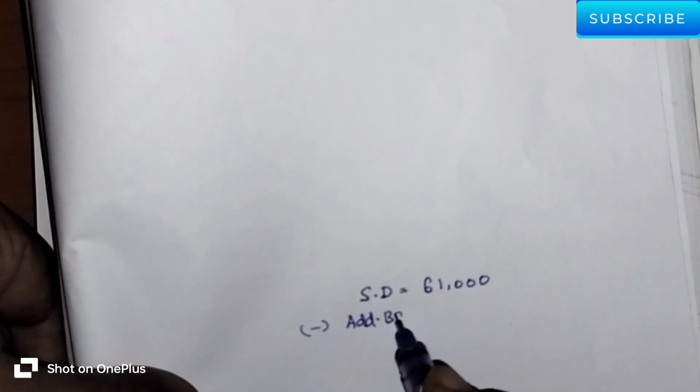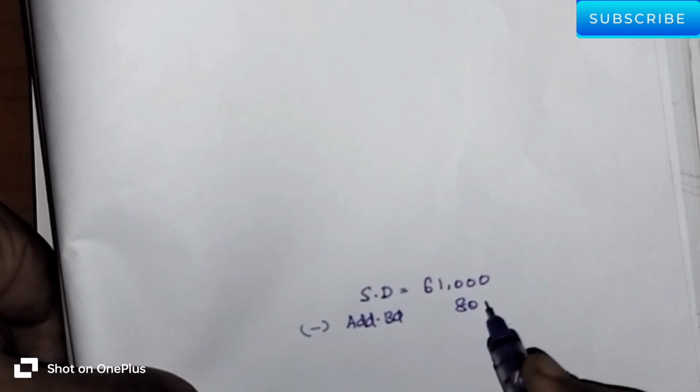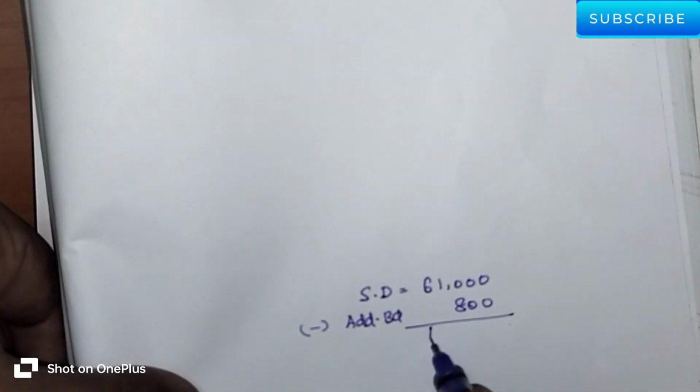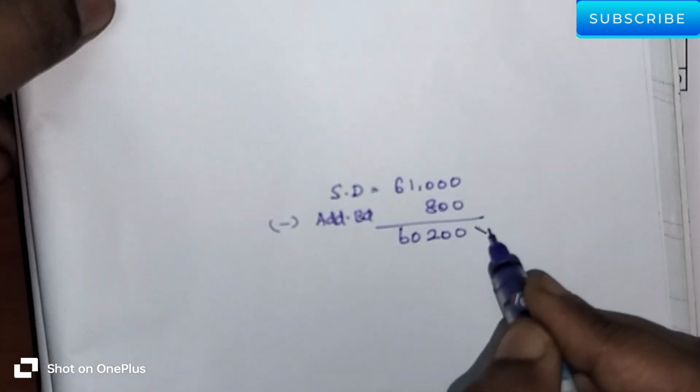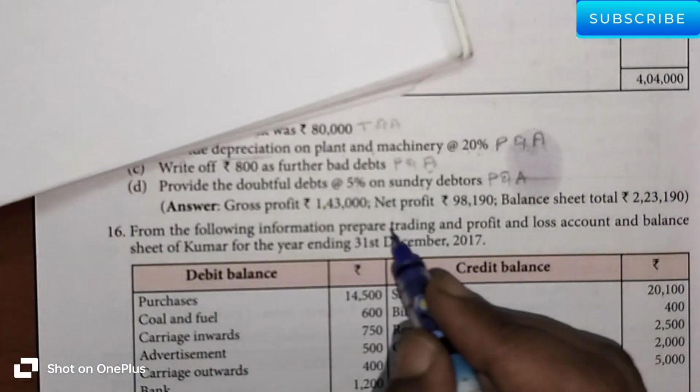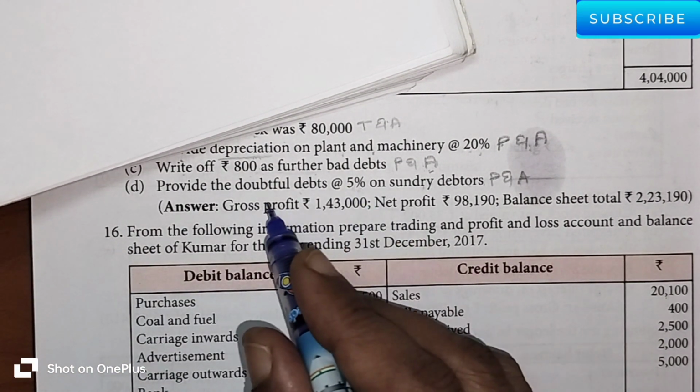We have to subtract additional bad debts 800 rupees, right? So we got 60,200, right? From the 60,200 we have to find out 5% on doubtful debts.